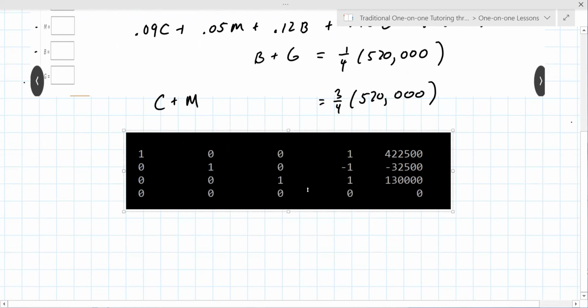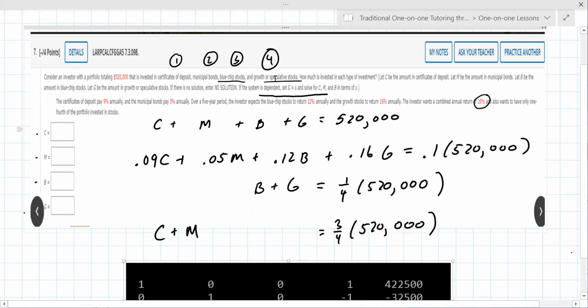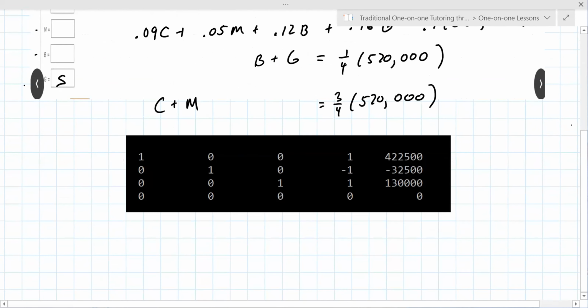So when I enter this, I get the following. Whenever you see a line full of zeros, that means that it's dependent. So then there's this thing called the free variable, and they say let G equal S. Okay, so that's S. The way you interpret this is that this third line corresponds to, let me put it here because we'll work backwards.